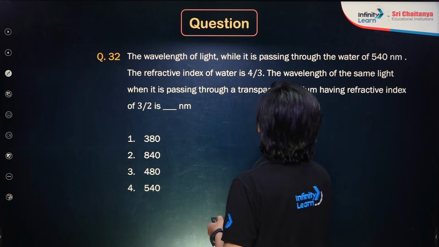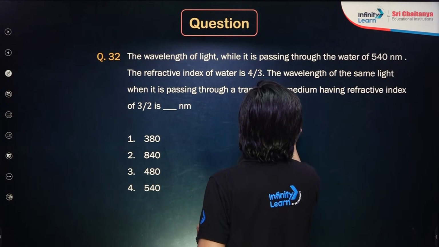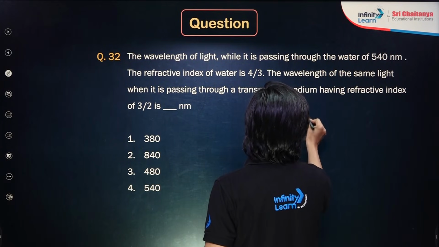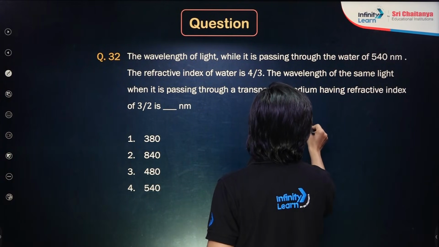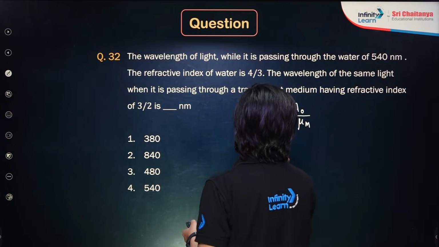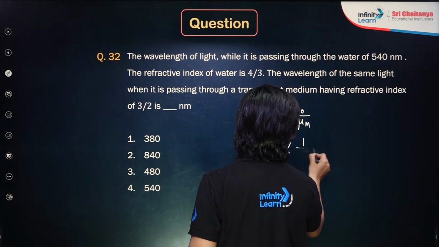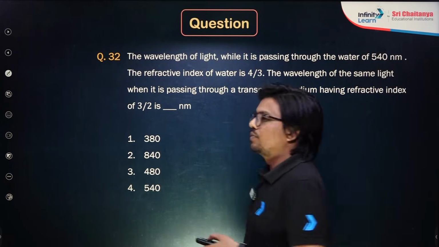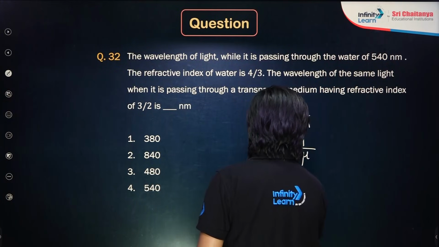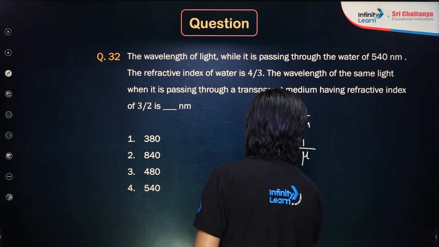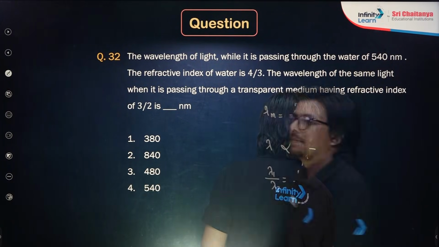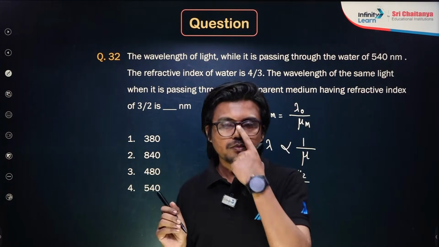You know that wavelength in a medium is wavelength in vacuum divided by the refractive index of that medium, or wavelength is inversely proportional to mu, if I take mu as the refractive index. Using this, lambda 1 by lambda 2 is equal to mu 2 by mu 1.